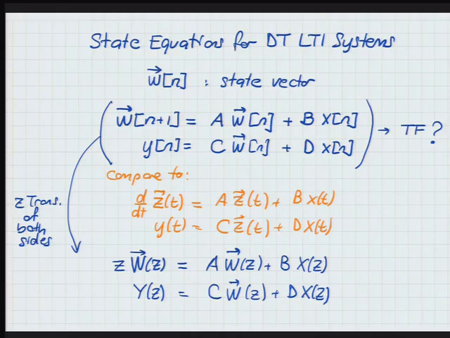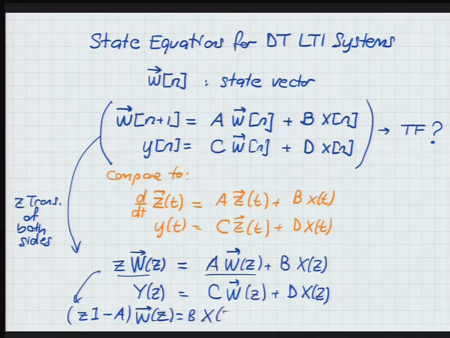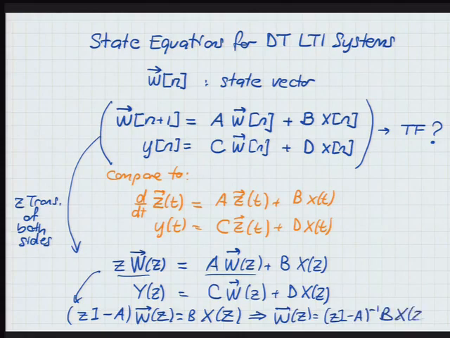How do I eliminate W, though? Well, when I see W's, I can combine them into one. So this equation simply says z minus A. But remember, z is a scalar and A is a matrix. So to make them compatible, you write zI minus A times W of z is equal to B X of z. And that implies that W of z is zI minus A inverse B X of z.